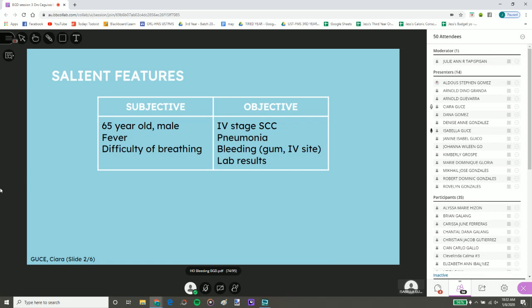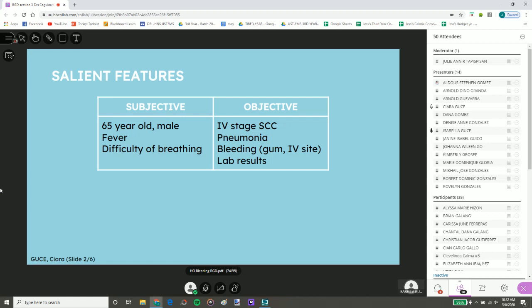And then the presentation of bleeding coming from the IV site, gums, and progressing to the mouth is a clue that we can see involvement of primary and secondary hemostasis.